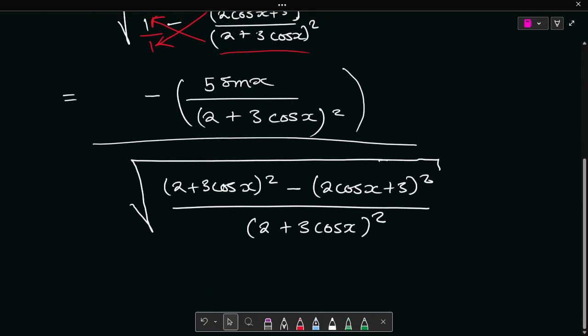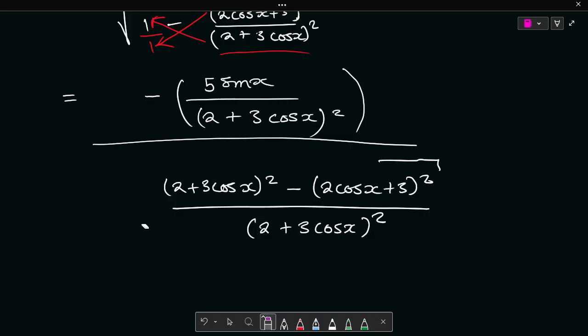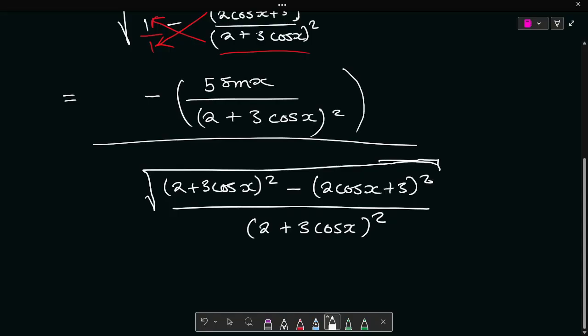Right. So we can distribute this square root and remain with this. What we notice is that these 2 and the square root are going to cancel.